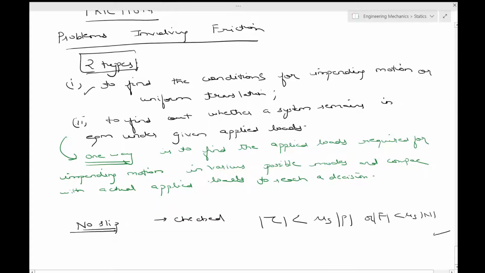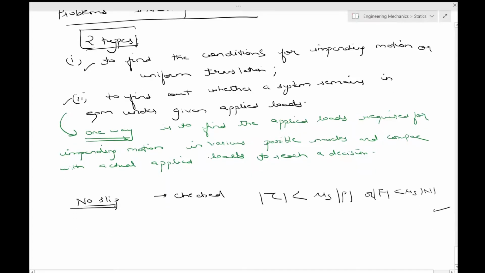The second case is, if it is remaining in equilibrium, then all of the values should match essentially. So both ways you can do. Again, there are several solved examples which use these ideas in your text, which you should be considering.